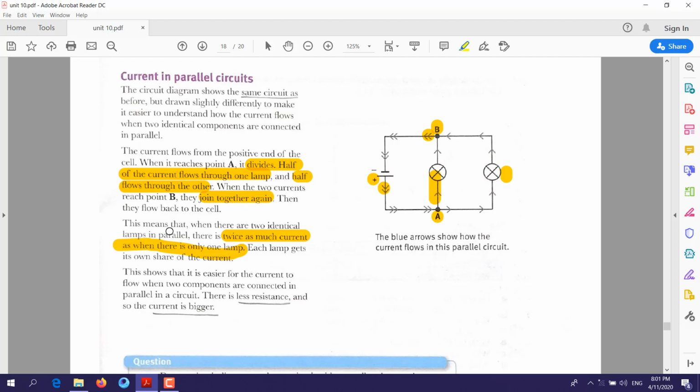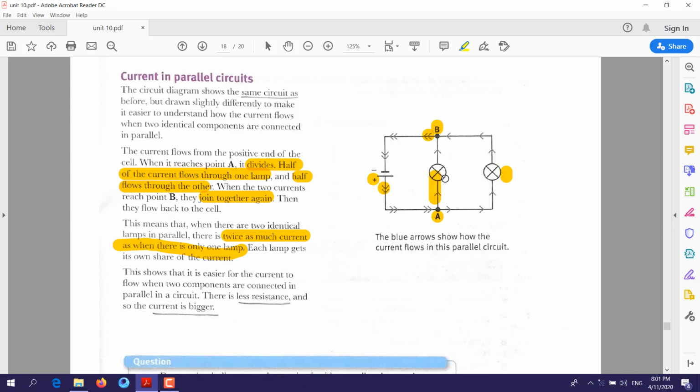This means that when there are two identical lamps in parallel, there is twice as much current as when there is only one lamp. Now the brightness of these two lamps will be the same, but as much as you add more lamps, more bulbs, you will need more electric current.